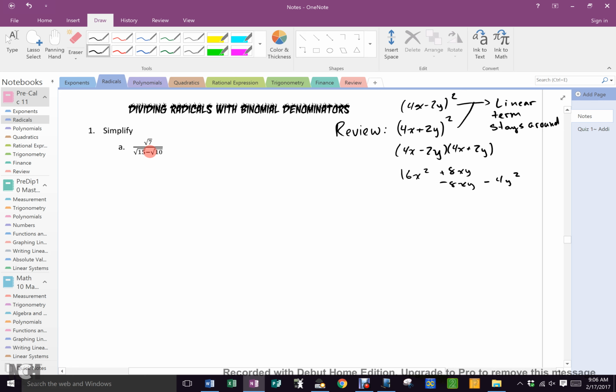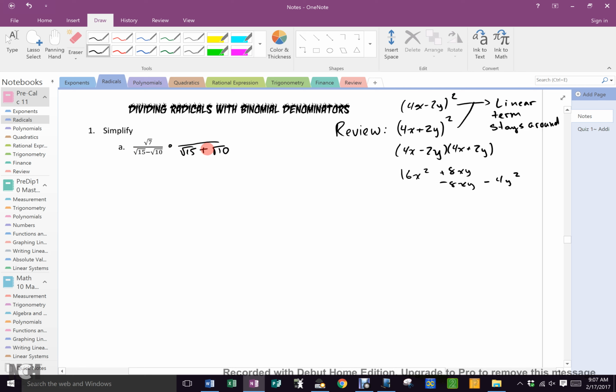What isn't allowed there? Radicals in the denominator. So we have to make them disappear. Now you guys are smart kids. To get rid of root 15, what must I multiply it by? Root 15. To get rid of root 10, what must I multiply it by? Root 10.